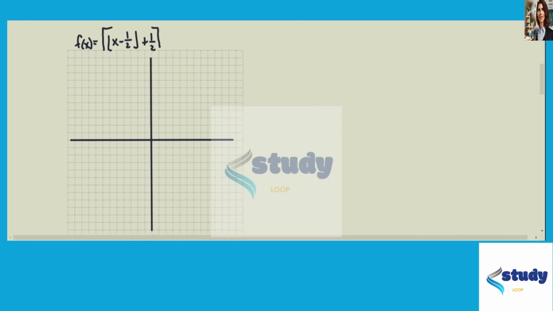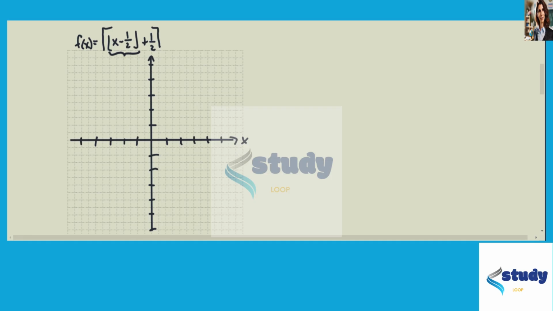Okay, last one. And let me just put my little hash marks on this one as well. Compared to the last one, this is a much more straightforward function. So here I have the floor of x minus a half. Okay, so that piece right here, that floor, that's going to give me an integer.